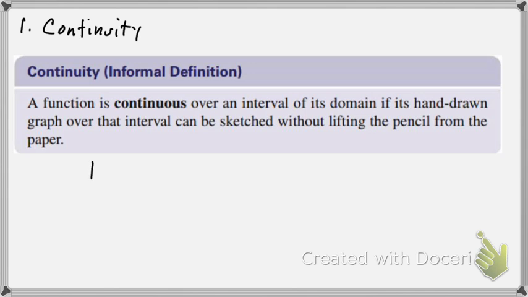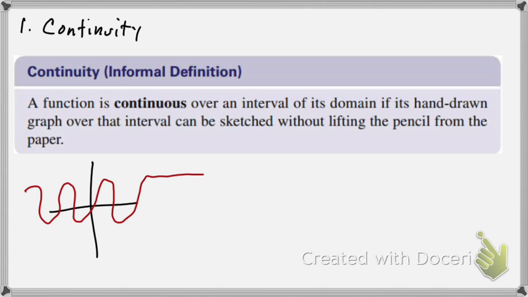So let's say I've got a function that looks like this. Okay, that's not a function. Let's see, it does like this. Continuous? Yeah, I drew it without picking my pencil up. How about this?